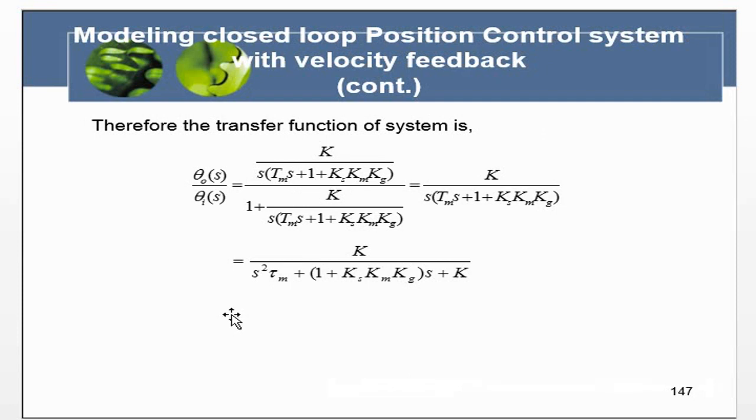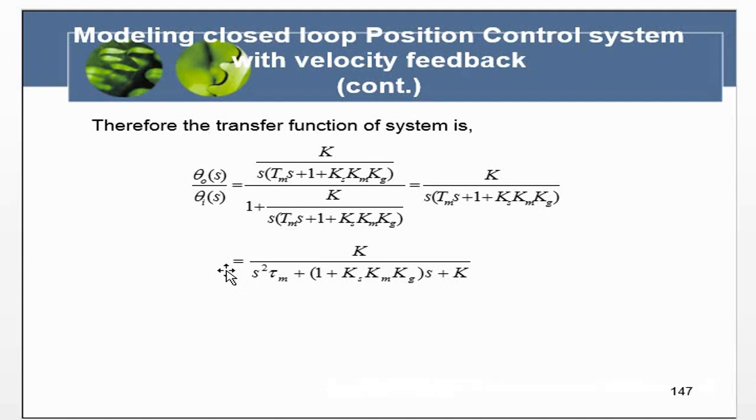Therefore, the transfer function of the system is given as θos per θis equal to K per S(TmS + 1 + KsKmKg) divided by 1 + K per S(TmS + 1 + KsKmKg), or equal to K per [S(TmS + 1 + KsKmKg) + K].